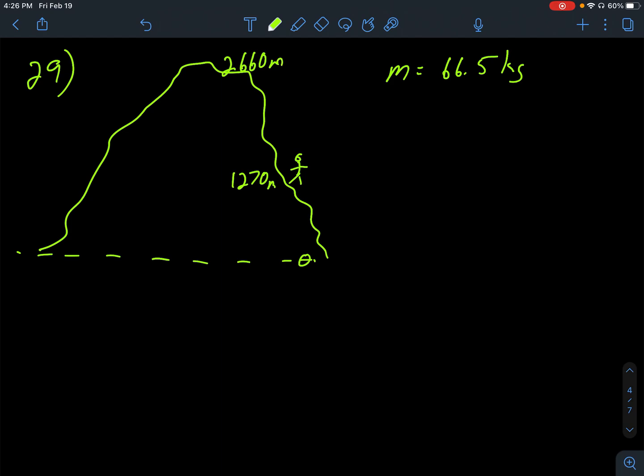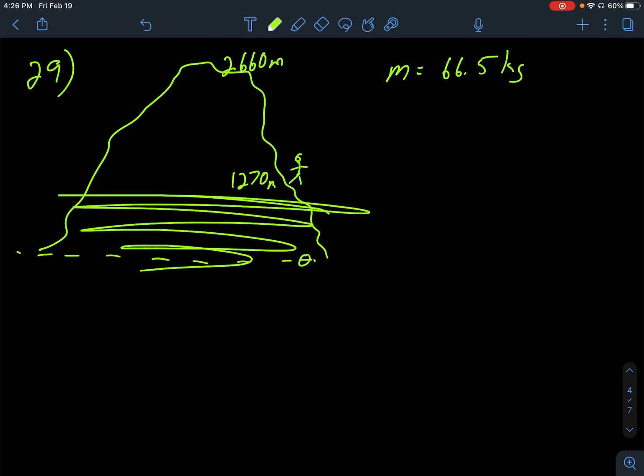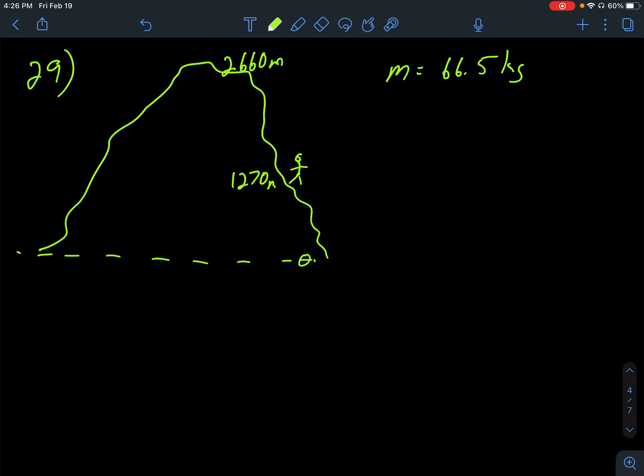What is the hiker's change in potential energy? So we're not really concerned with anything below here. We're just looking at this portion of his trip. So that's why it says change in potential energy. So what's changing? His height is. So you can either do it as gravitational final minus initial, or just subtract those two heights because the mass of the climber and acceleration due to gravity is going to be the same.